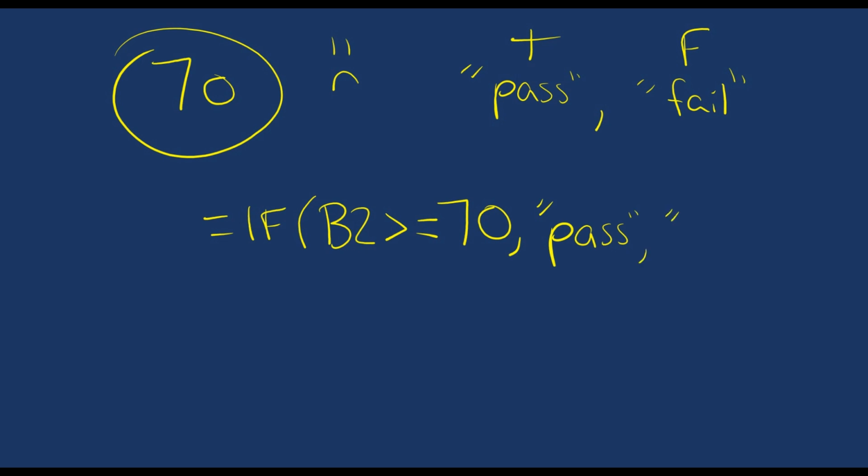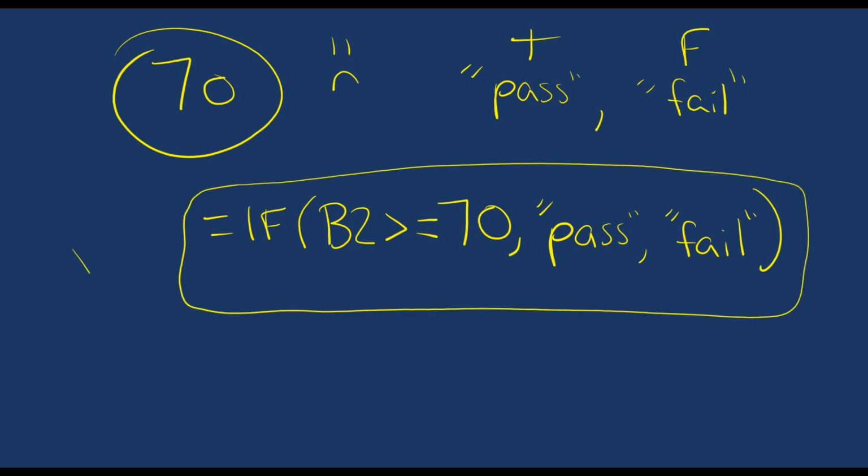Then go on to our false, which is fail. After that, parentheses. And then now, if this is all in our cell, it would give us the pass or fail, depending on what's in our little B2 cell over here. And then remember that little box down here in the corner. You can take that, click, and drag downwards, and then it will copy the formula all the way down so you don't have to retype it, and that will give you your answers.